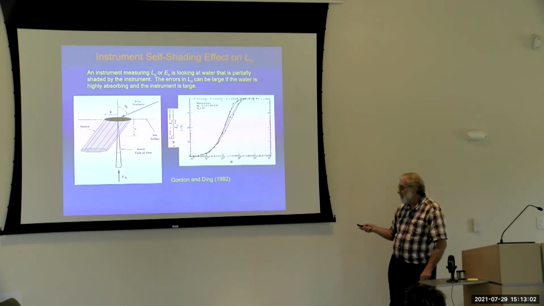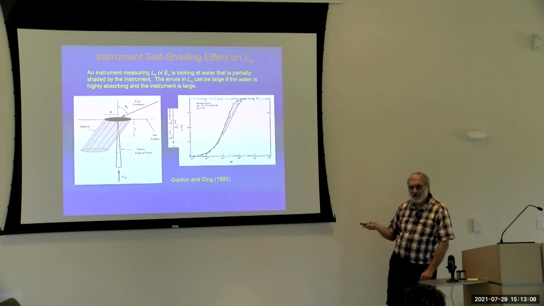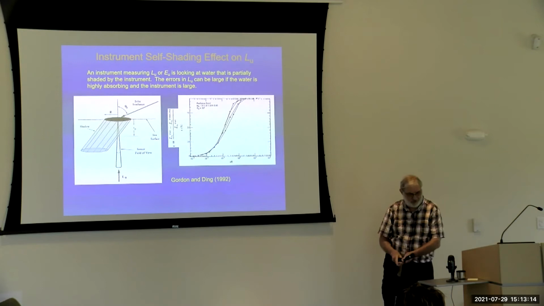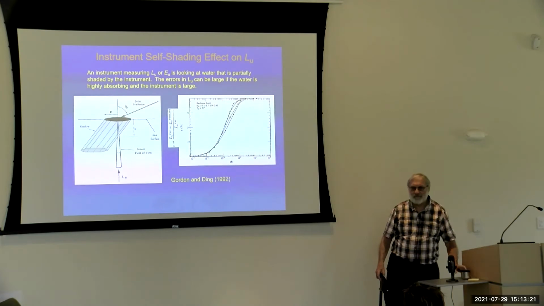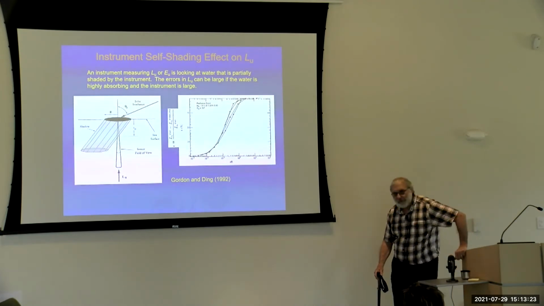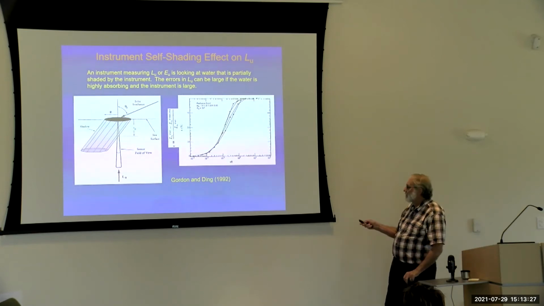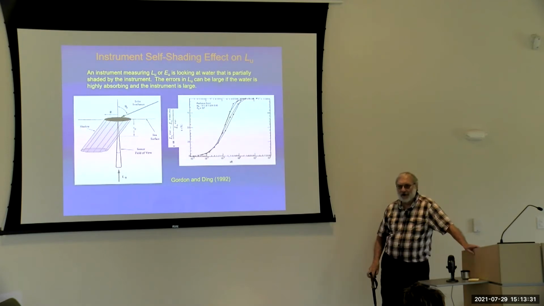So once again, people have done a lot of simulations of particular instruments now to figure out how bad the self-shading is as a function of instrument size and absorption coefficient. So if you're in the open ocean, maybe you're not as worried about this, because at least at blue or green wavelengths, the absorption coefficient is probably smaller.